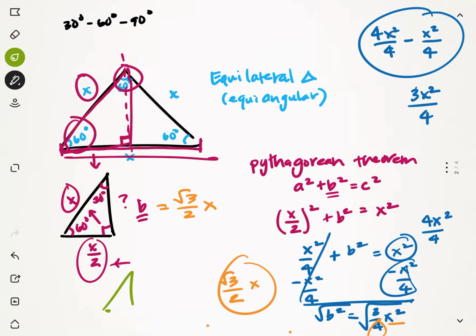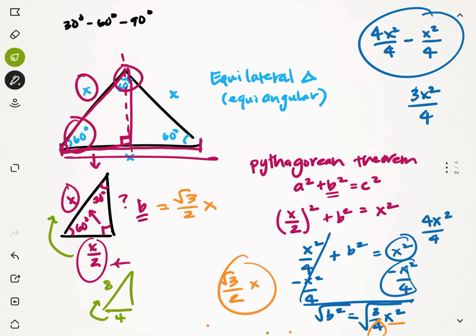Alright, so let's take a look at what that might look like in an example. So let's say we have this triangle and we know the short side, the bottom part, is 4. So if we're moving from the bottom side to the hypotenuse now, we're just going to double that.